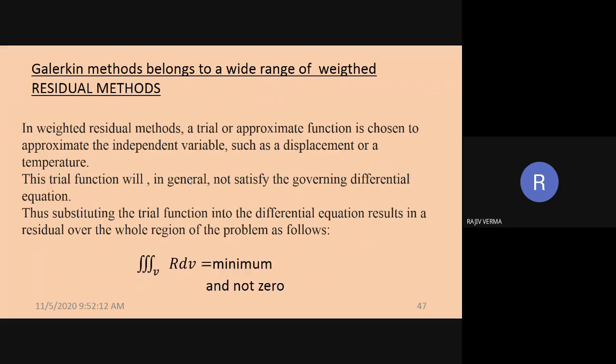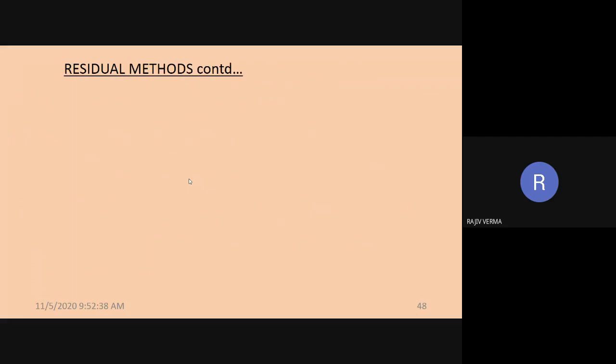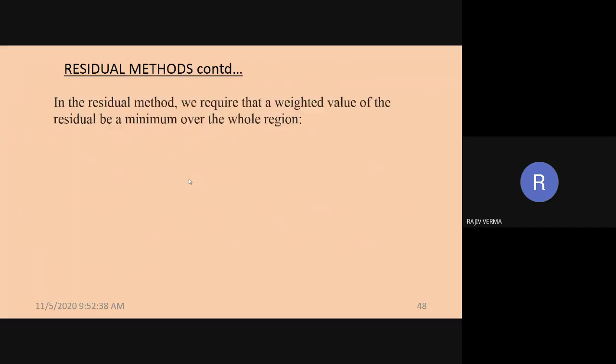All these things we have already discussed, so there is no point in discussing these terms again and again. I'm sure by now all of you already know what the Galerkin method is. So I'm just skipping through the lecture contents one by one.